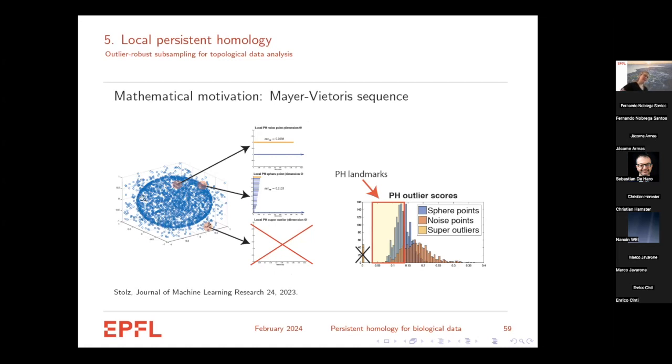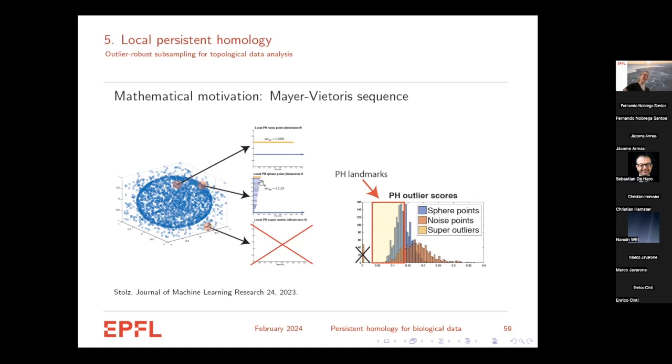So here we have data sampled from a sphere. The sphere would be considered to be the signal, and then noise around the sphere. If you have a sphere point, then you typically have barcodes with short bars because there are many points on the sphere. If you have a noise point, which is further out, you tend to have longer bars. And if you have points that are very far out, you don't have any bars. So we don't consider these to be particularly relevant.